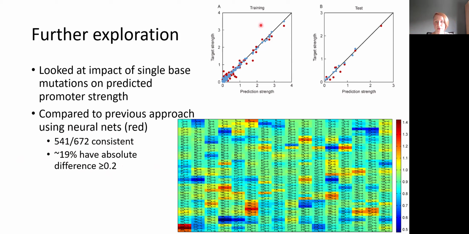This is also just showing the predicted versus the target strength in the training and test for the support vector machine in blue and the neural network in red. So the SVM does seem to work slightly better for them in this case than the neural network.